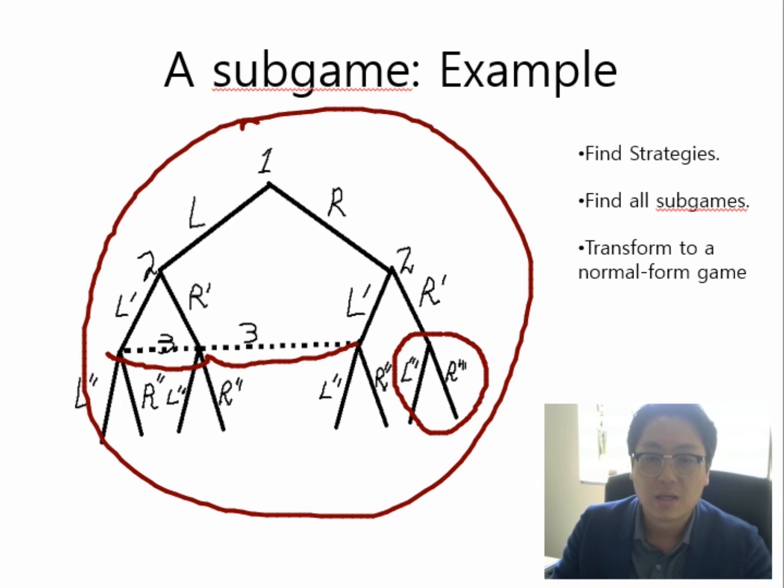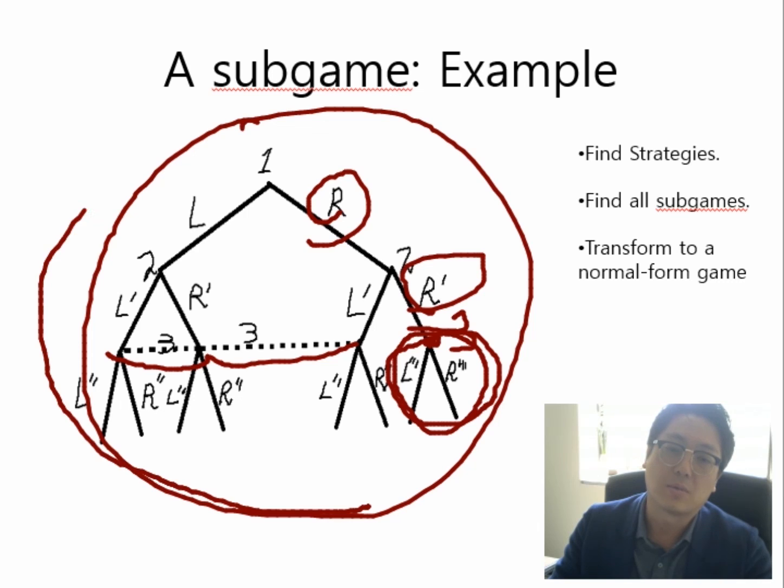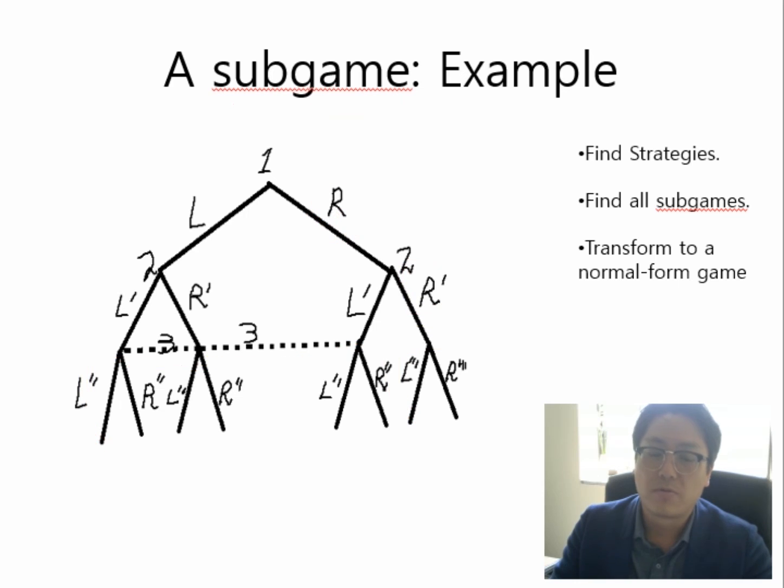So there are just 2 subgames, because those 2 nodes cannot be cut; these 3 nodes are connected, so they are in the same subgame, but just for this node. If the first player is playing R, and the second player R prime, then the player playing this game should be 3, I think. Anyway, the third player will know where she is standing, so this is an isolated subgame. All the others are in the same subgame, so there are just 2 subgames. Anyway, that will be for your quiz.